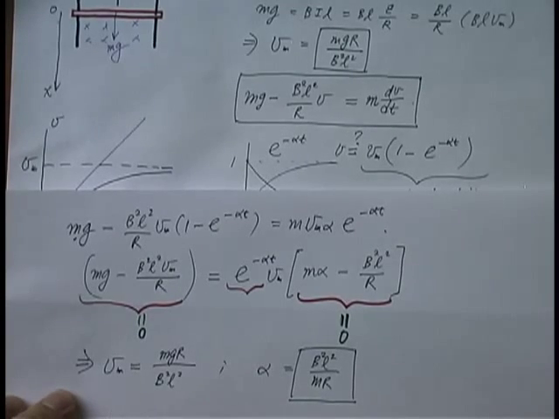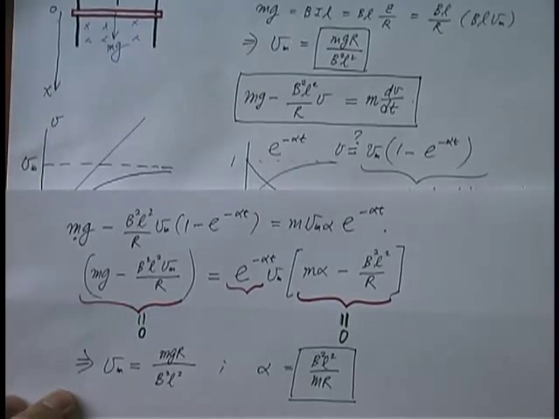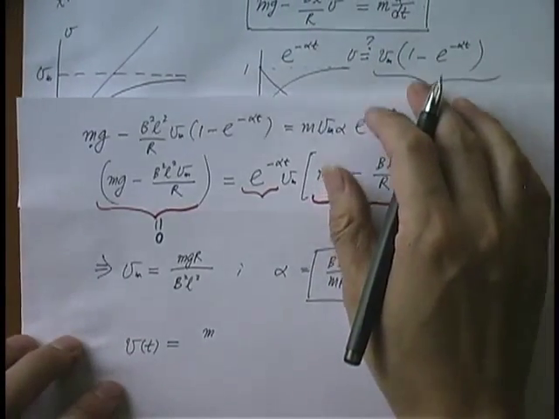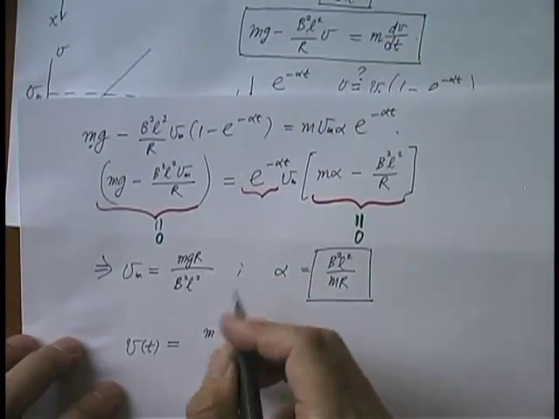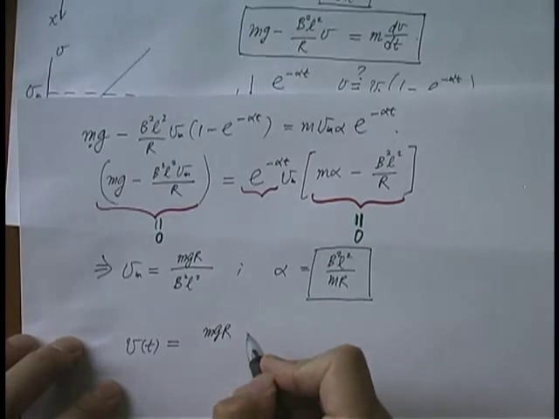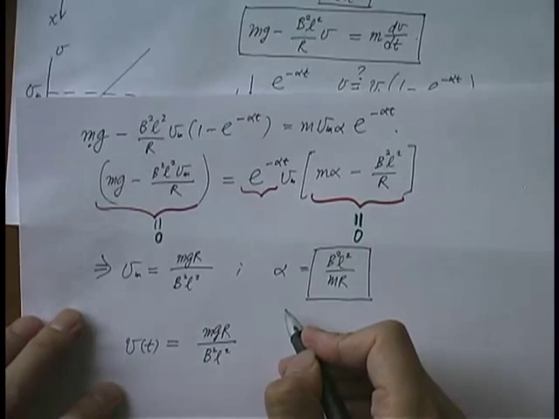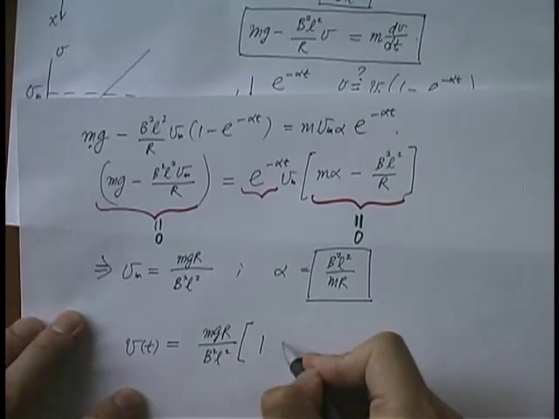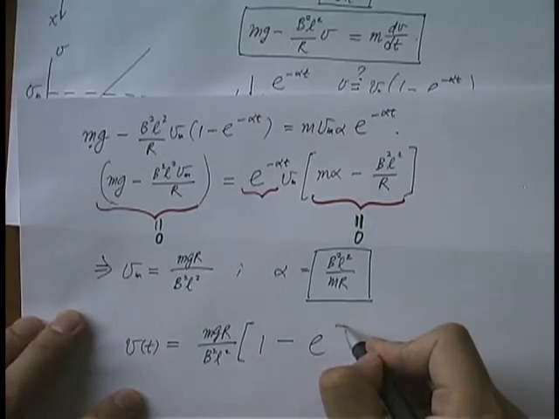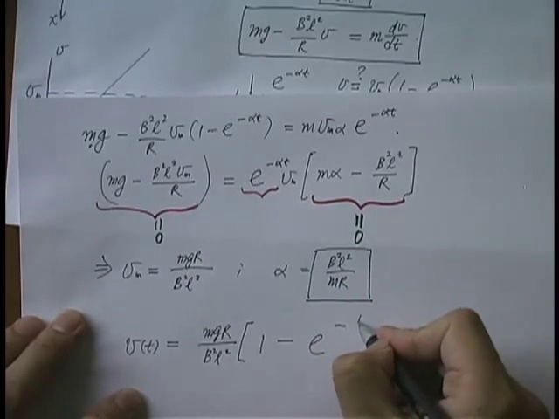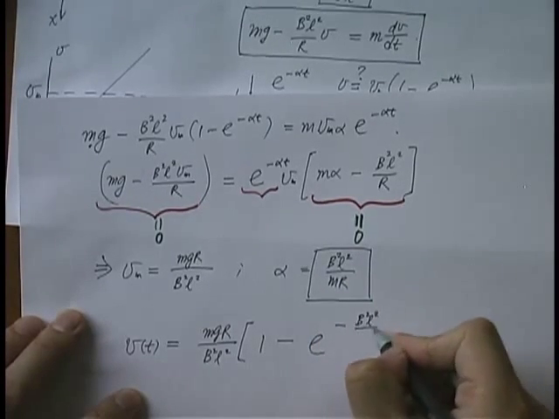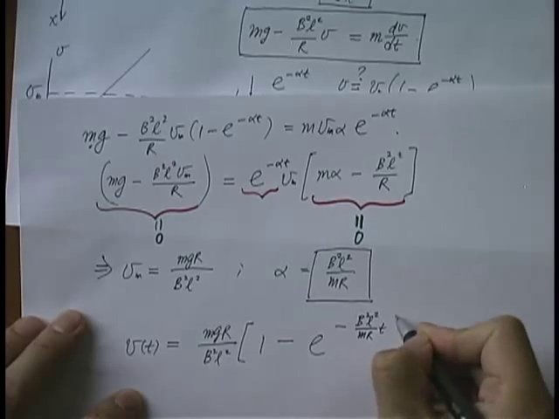So here's my complete solution. V as a function of t equals V maximum, which is mgr over B squared L squared, times 1 minus e to the negative alpha t. Here's alpha right here: B squared L squared over mr, times t.